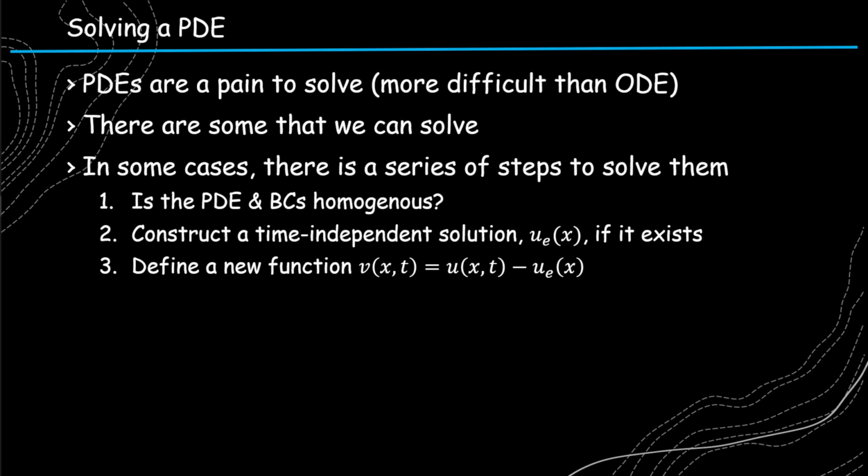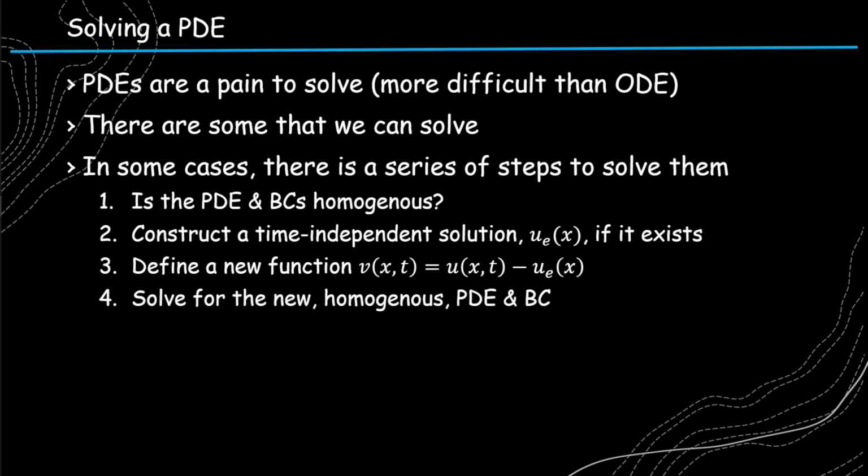But because they satisfy linearity, we can use linear superposition. That means if two functions satisfy the PDE and boundary conditions, their sum will also be a solution to the problem. But again, this is a lesson for another day about linearity and superposition and why we can actually do this.